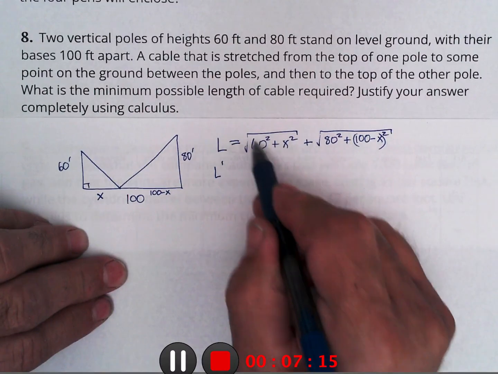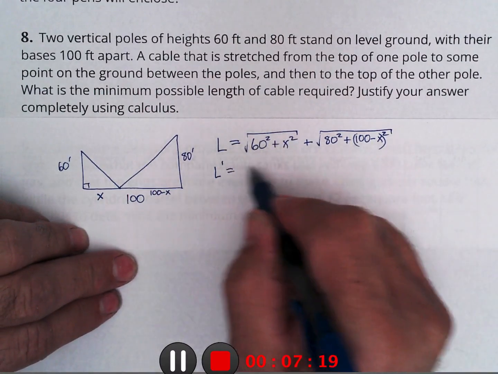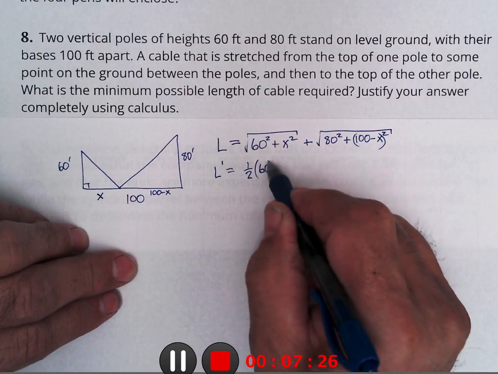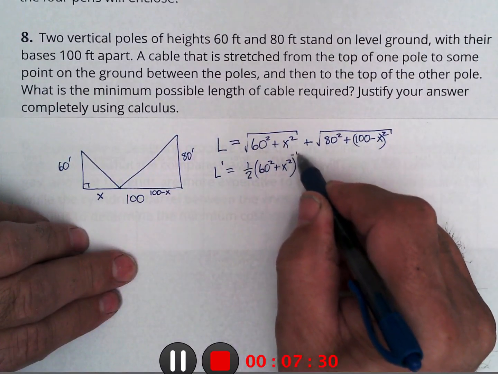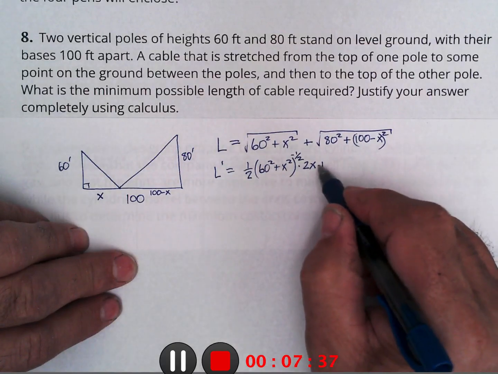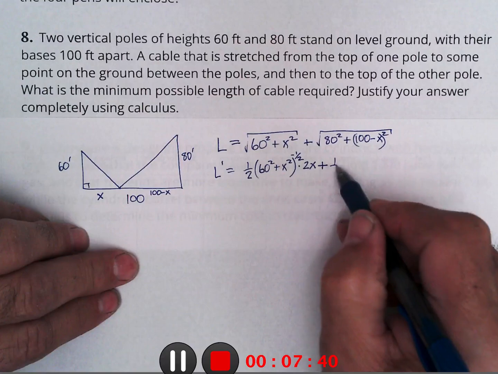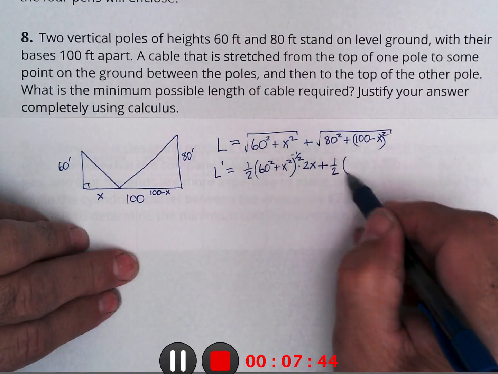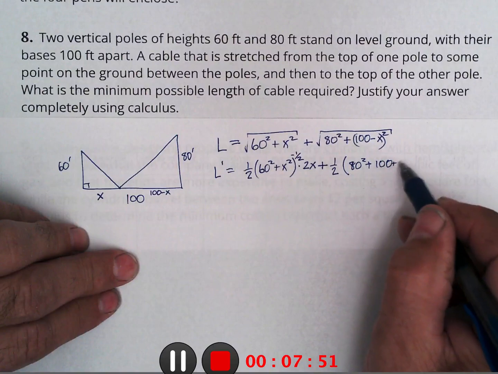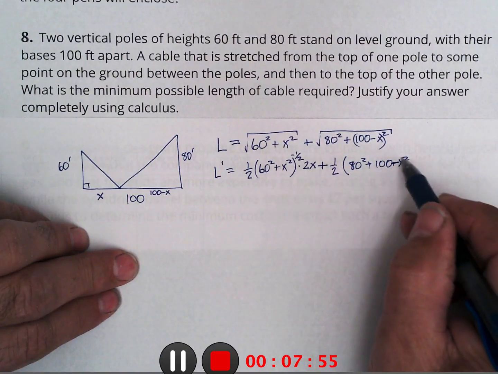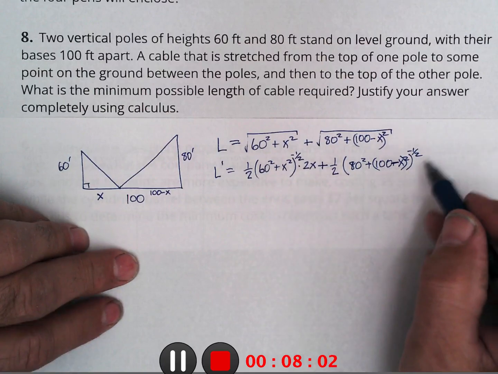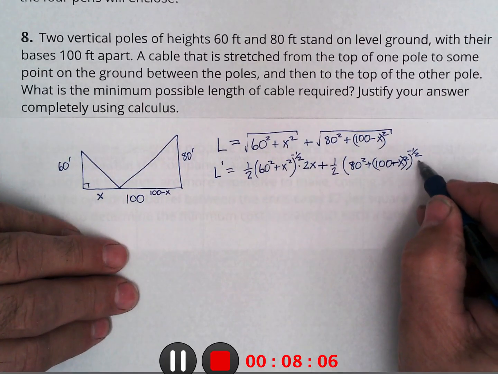This is like the half power, so it's going to be 1/2 everything inside to the negative 1/2 times the derivative of the inside, which is 2X, plus 1/2 for the square root power times everything inside to the negative 1/2 times the derivative of the inside.